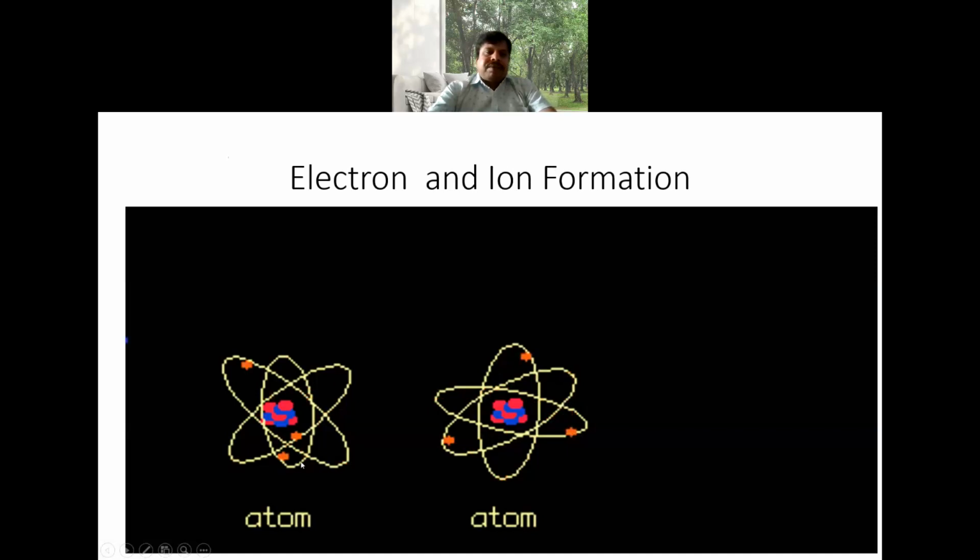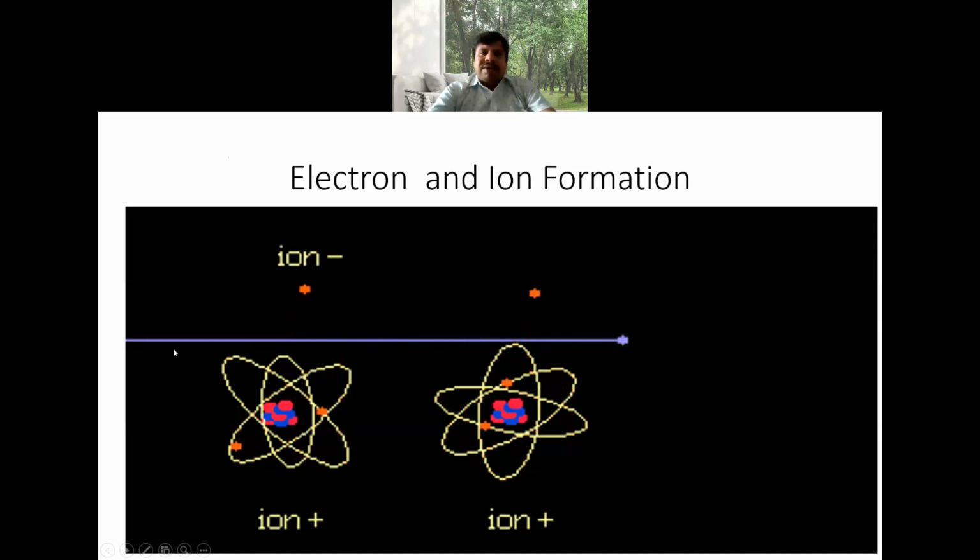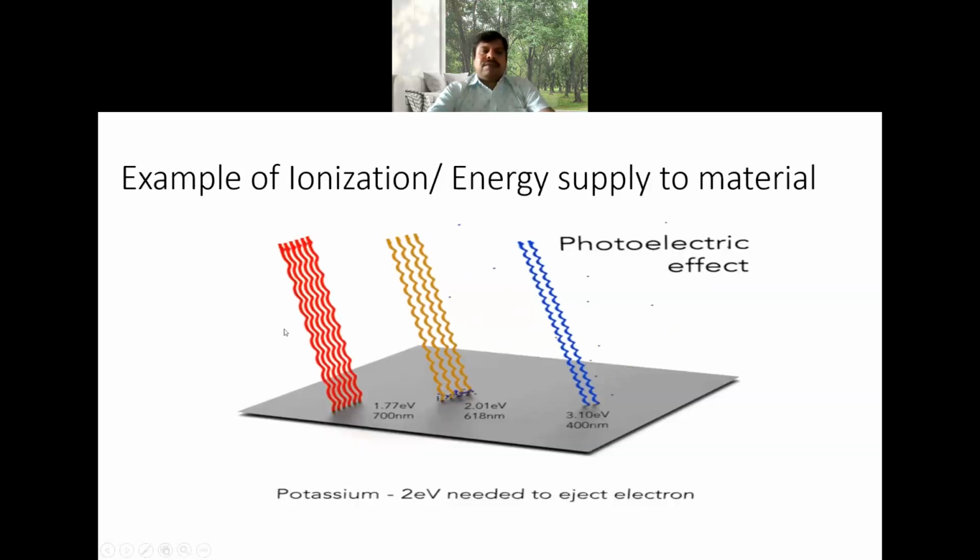Here this is the animation which shows that whenever the atom is hit by some amount of energy, the electron present in the outermost orbit will get liberated. This is also the case whenever light energy falls on the particular material: the energy contained in the light particles in the form of a quantum will be sufficient to liberate the electrons from the material.